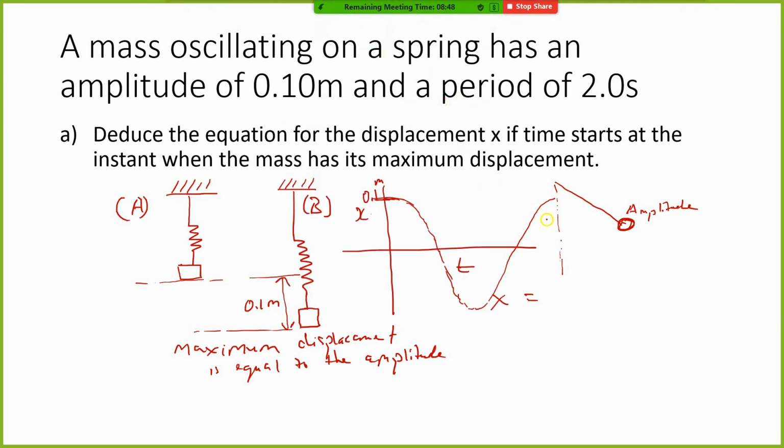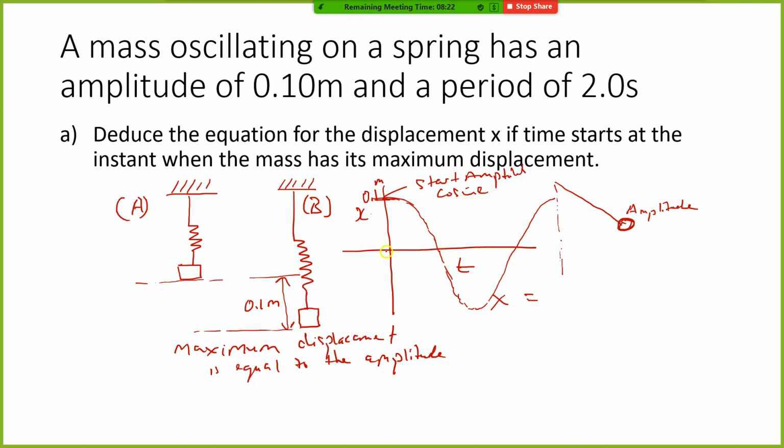But it's going to be a cosine equation, right? Because you're starting at the amplitude. Whenever you start at the amplitude, we're going to use a cosine graph, a cosine equation, I should say.